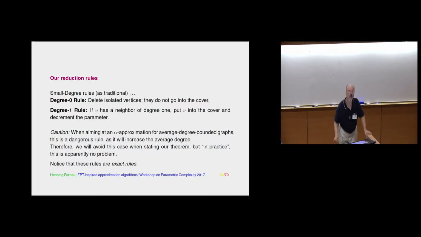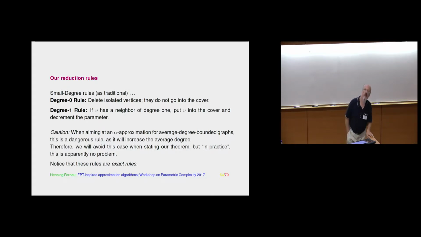I used many rules that you know of, maybe some of them which are not that well known, so the degree 0, degree 1, okay, we know this. But if we are aiming at a factor alpha approximation for average degree bounded graphs, that's what we are after now, degree 1 is a dangerous rule. It's an exact rule, but it's dangerous. Why?